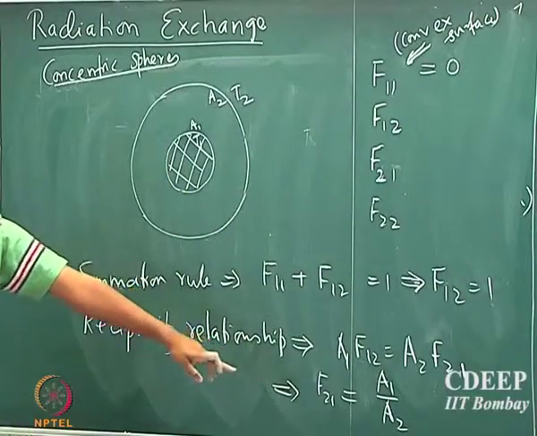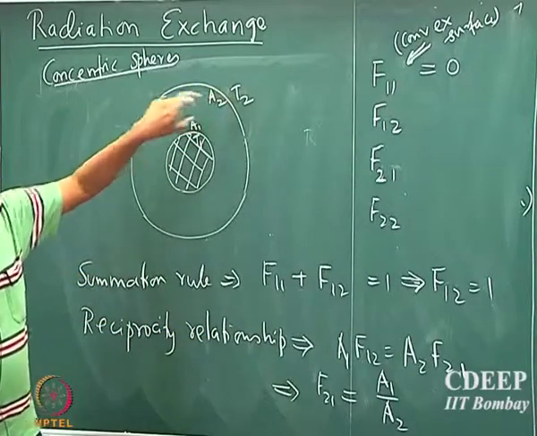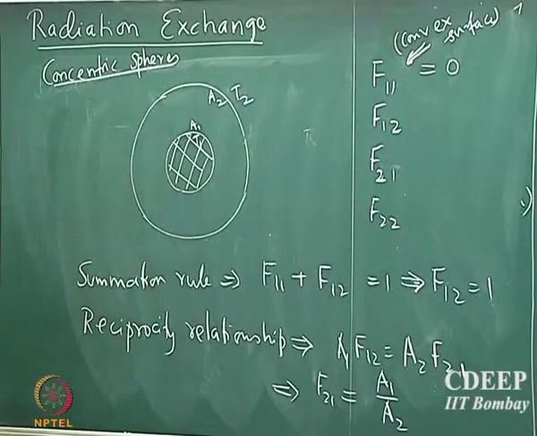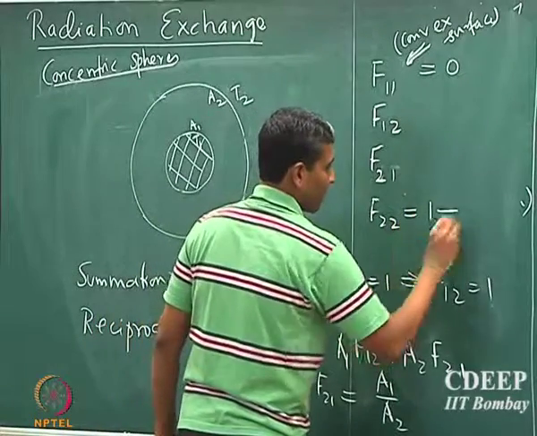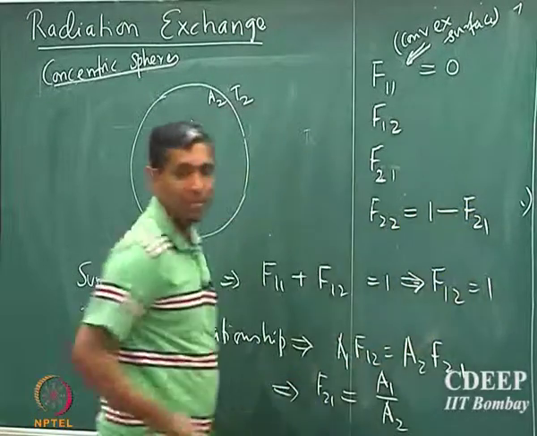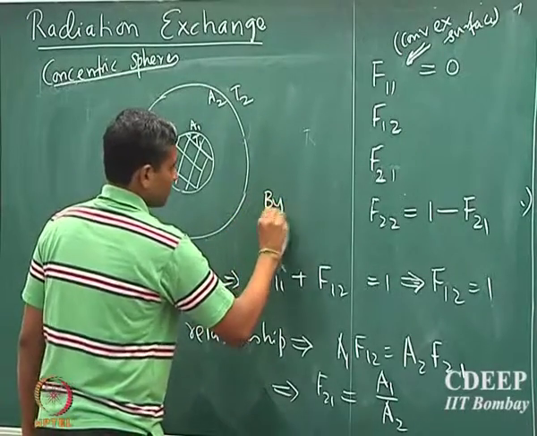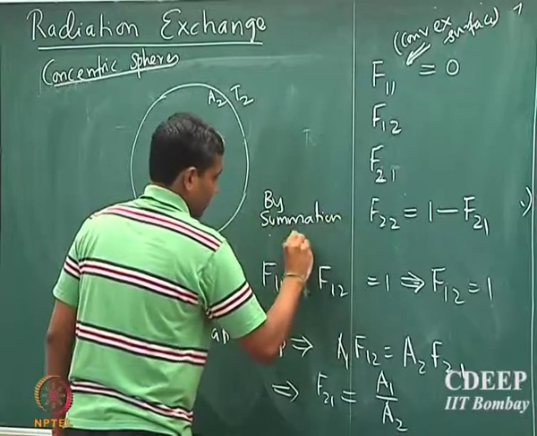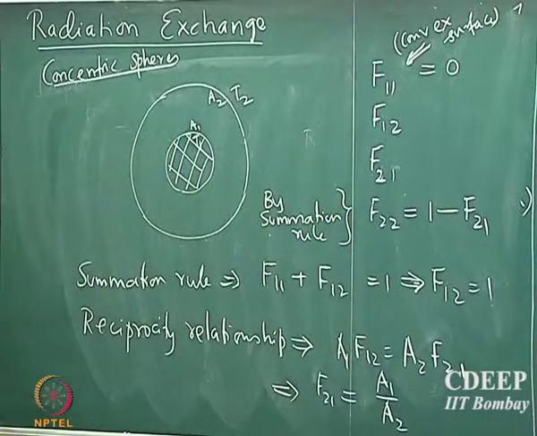That is the view factor of emission that is radiated from surface 2 and intercepted by surface 1. What about F22? F22 is nothing but 1 minus F21, simply by summation rule.